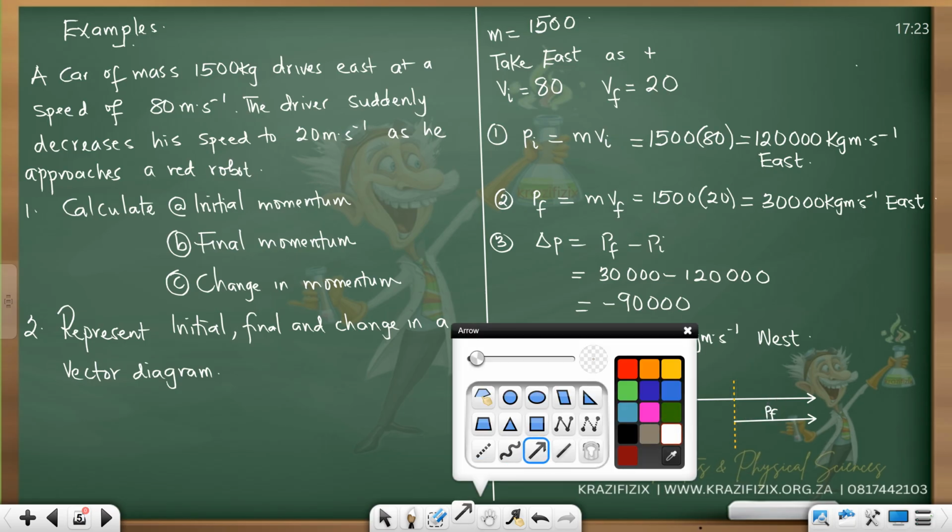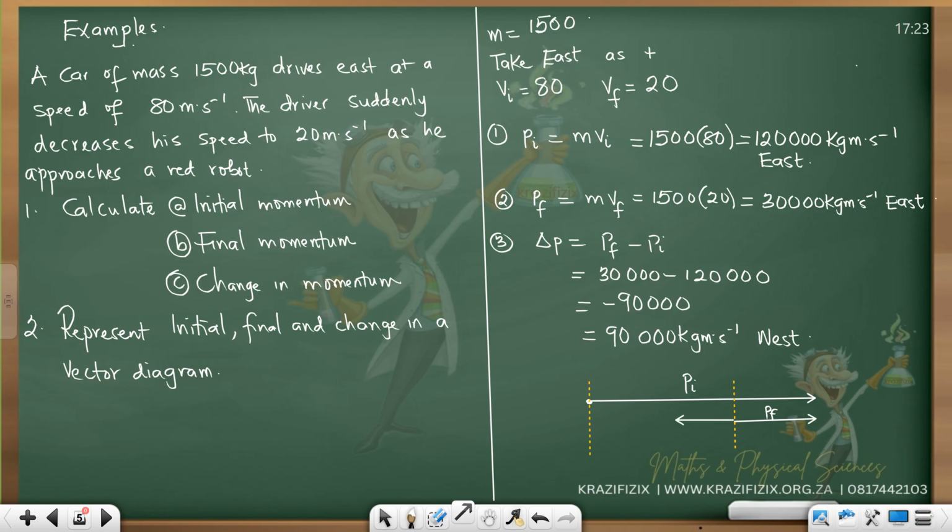So this time around, I'm just trying to put them together like that. This is just one of the ways of doing the diagrams: 120,000, this one is 30,000, while this one is negative 90,000.